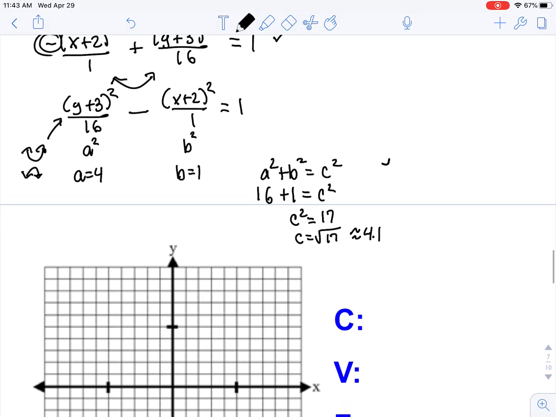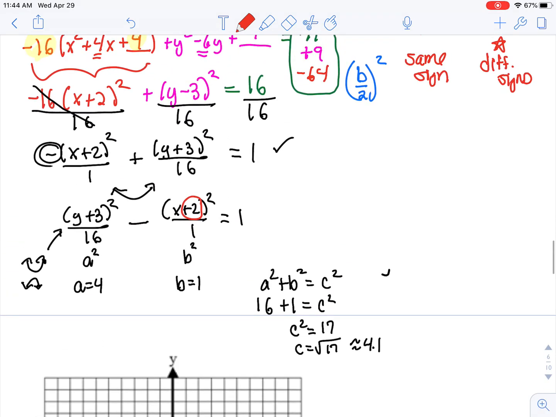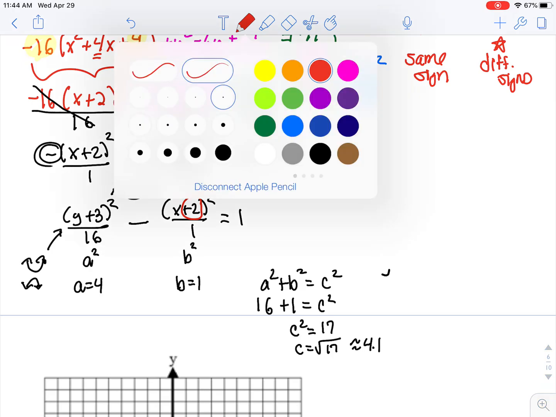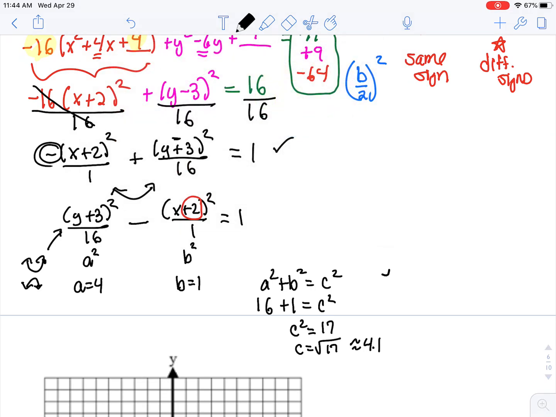Now for the actual graphing. The center point is whatever I subtracted from. I just realized that I copied that wrong over here. This should have been a minus 3. We had it, and then I copied it wrong down below, which means this is a minus 3.